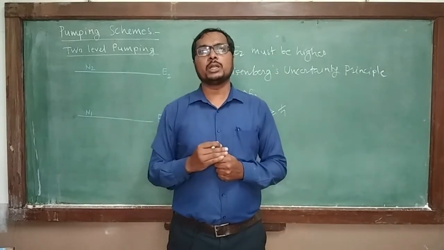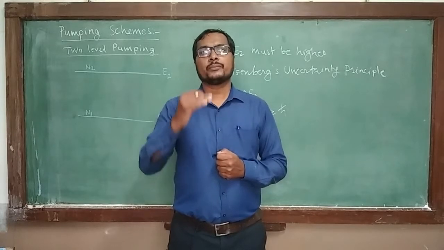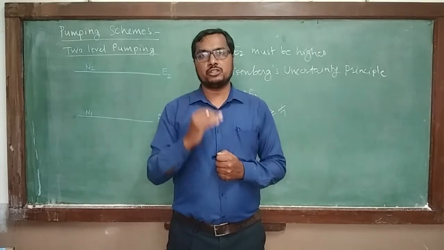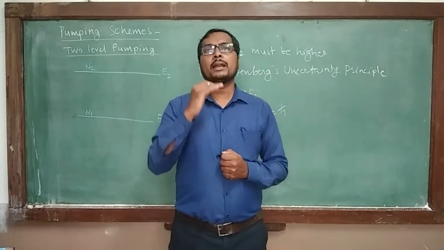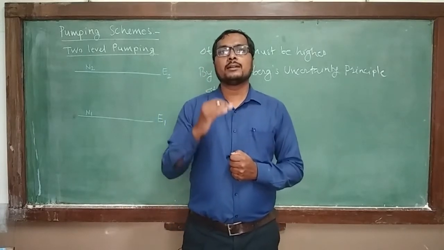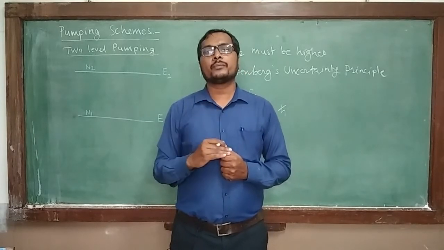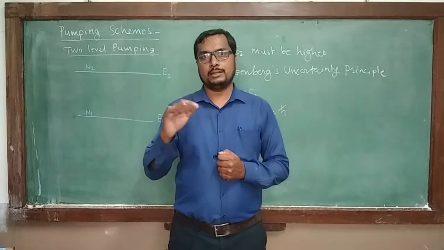The transition between 2 levels that generates the stimulated emission is called the lasing transition, and the upper energy level is called the upper laser level. The terminal laser level is called the lower laser level.